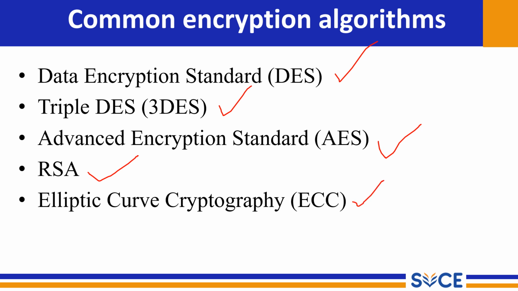Last but not least is elliptic curve cryptography, which we call ECC, an advanced form of asymmetric encryption based on elliptic curves over finite fields. The method provides robust security with massive encryption keys, but with a smaller and more efficient footprint.